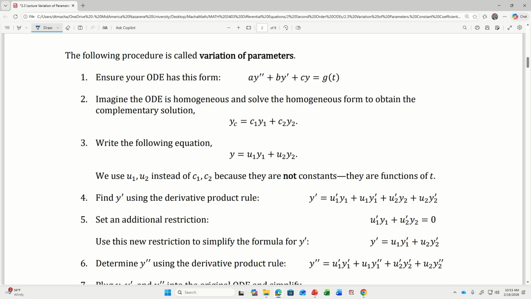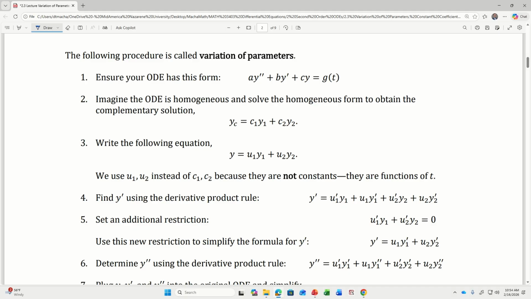Since u1 and u2 are allowed to be any function of t, like u1 could be some other function times the reciprocal of y1, and it just cancels out the y1, and you get whatever function you want. So this is not so much an ansatz as it is very, very flexible. It's allowing for almost any function to be the solution here. But at least it gives us a place to start from.